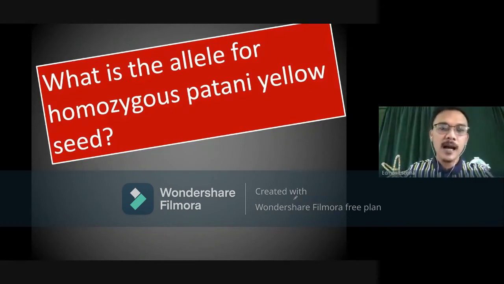This time, how are we going to represent the allele for the homozygous pattani yellow seed? Homozygous means they have the same letters, but this is yellow, and yellow is a recessive trait, and as I have explained, we are going to use small letter g to symbolize yellow.